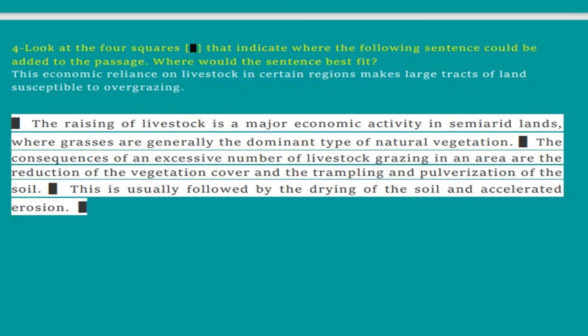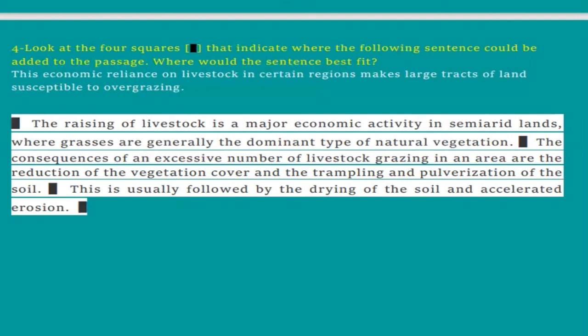Okay, once we finished reading this sentence, you can easily predict that the sentence that was before this one was talking about the livestock. Then this sentence came to complete the consequences of having the livestock on the region or in the land. Okay, so this sentence is a completion for the previous one.